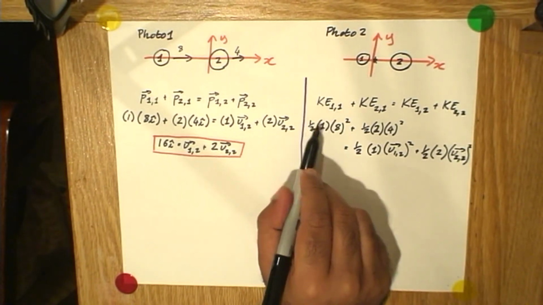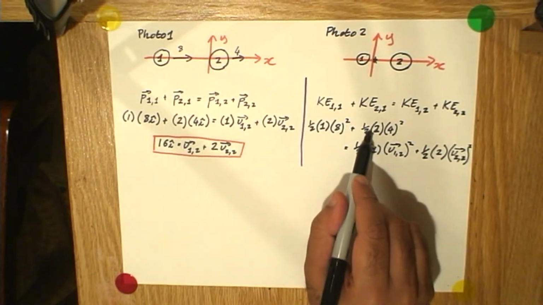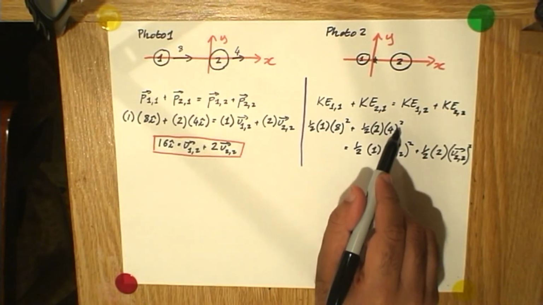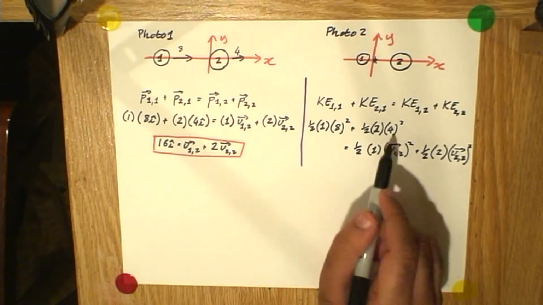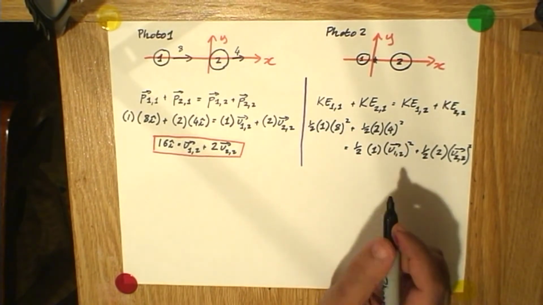So, half of 8 squared is 32, and half of 4 squared is 8. But that multiplied by 2 is going to give us 16. So the entire left side works out to 48.